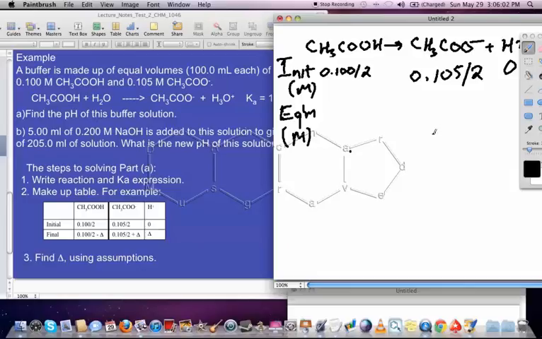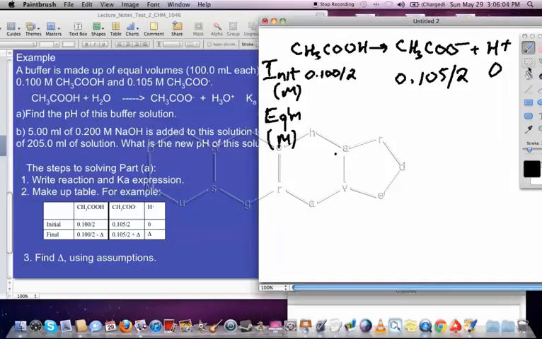Now at equilibrium, here's what's going to happen. I want you to note here that the concentration of H plus is 0. It has no choice but to increase, and it's going to increase by an amount that I'm going to call delta. You can use anything you like here, x, delta, whatever you want as your variable.